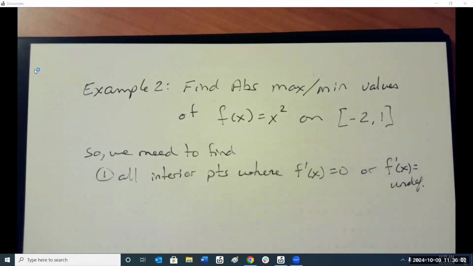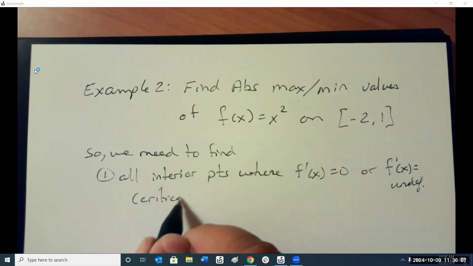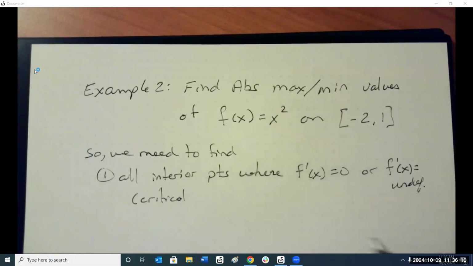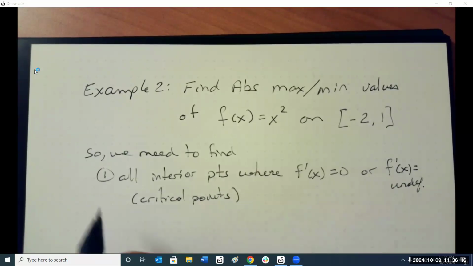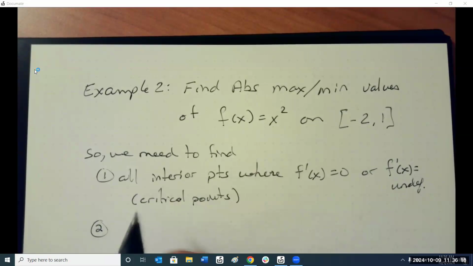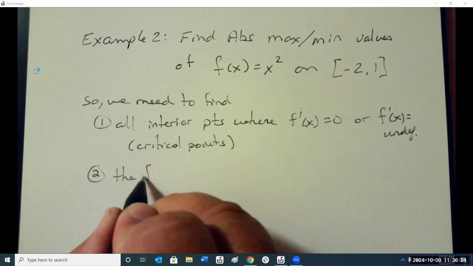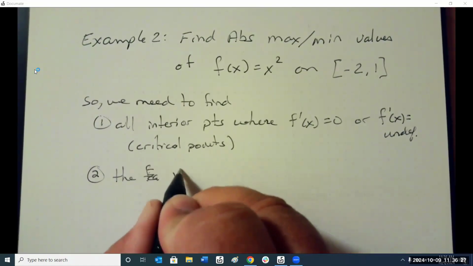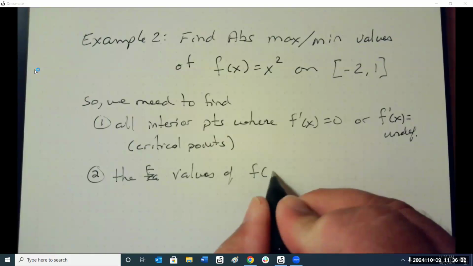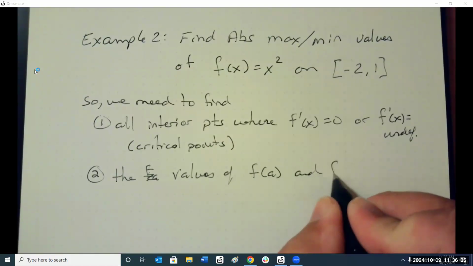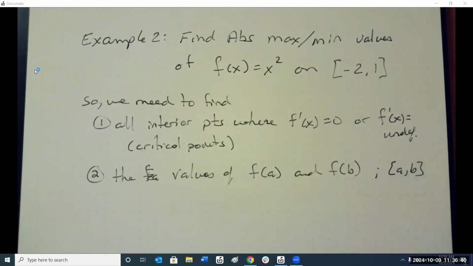These are critical points or critical values. And the values of f of a and f of b, the endpoints of the interval.